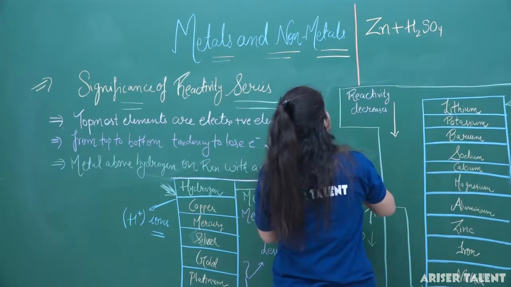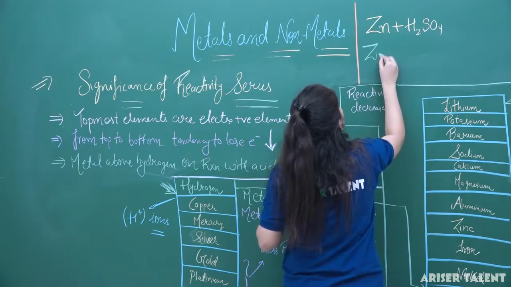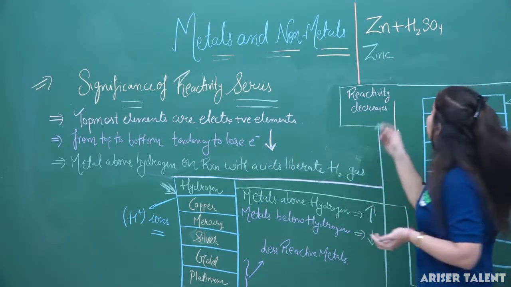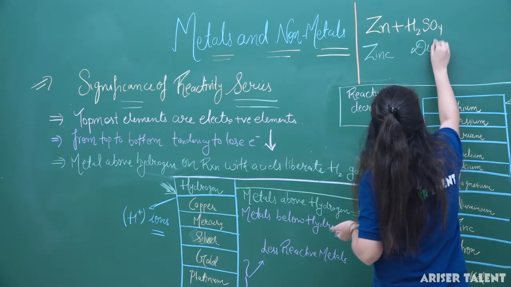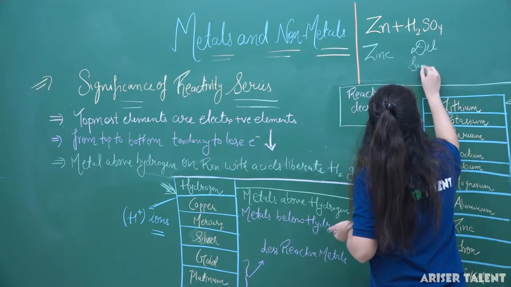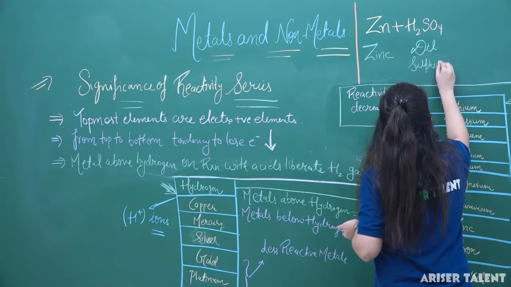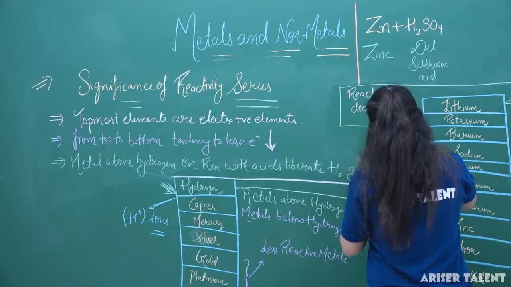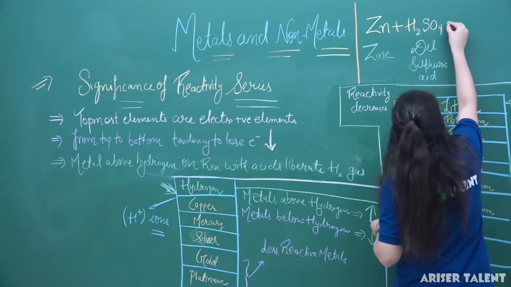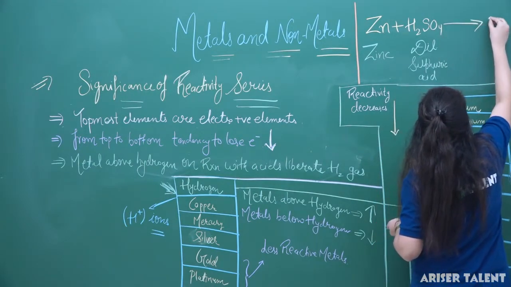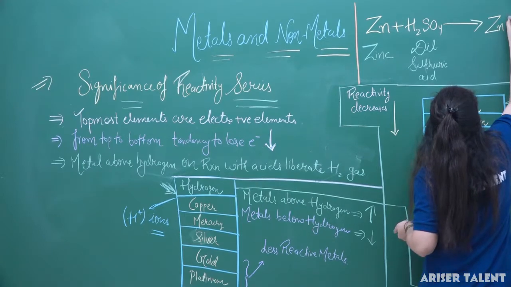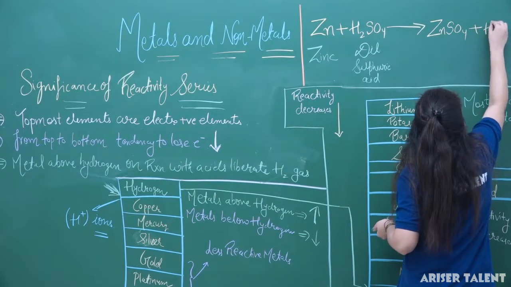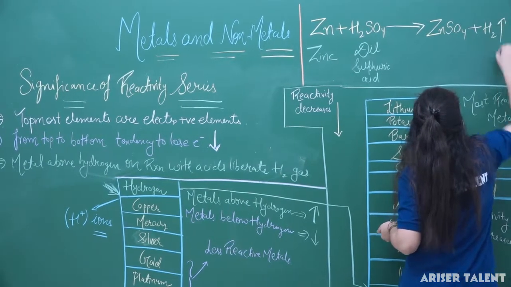This is zinc, and this H2SO4 is our dilute sulfuric acid. Now what will happen in this reaction? When zinc reacts with dilute sulfuric acid, it will form zinc sulfate, and hydrogen gas will be liberated in the solution.